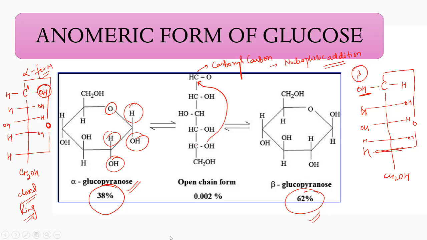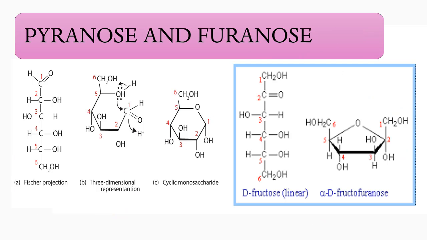So this is the anomeric form, the epimers, the alpha and the beta form, the D and the L configurations. Okay. Now, this is pyranose structure and the furanose structure. Furanose structure, you can see the fructose. It is a ketonic sugar. RCOR ketone group is here.